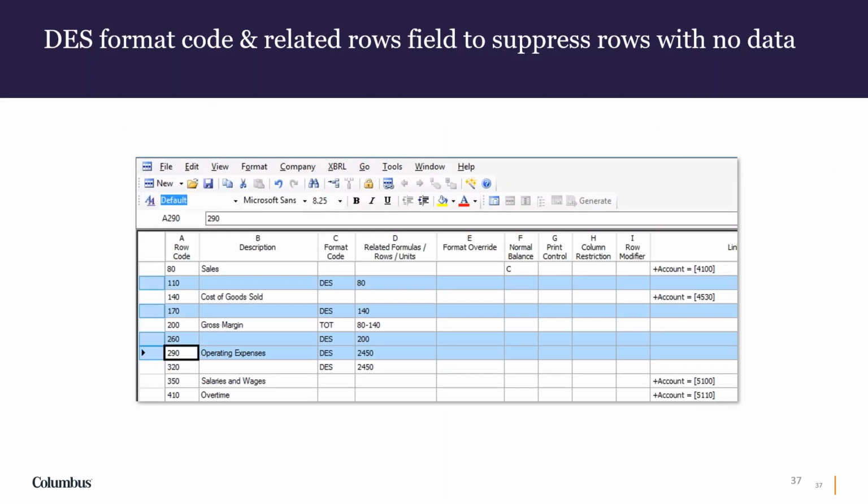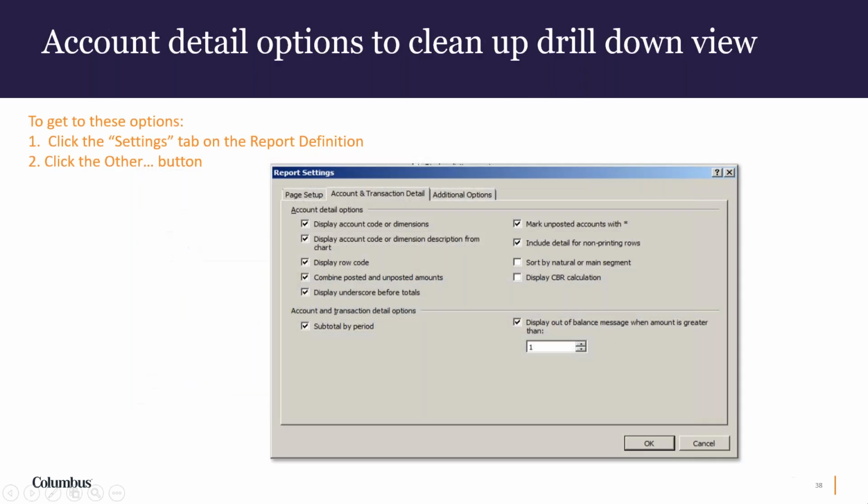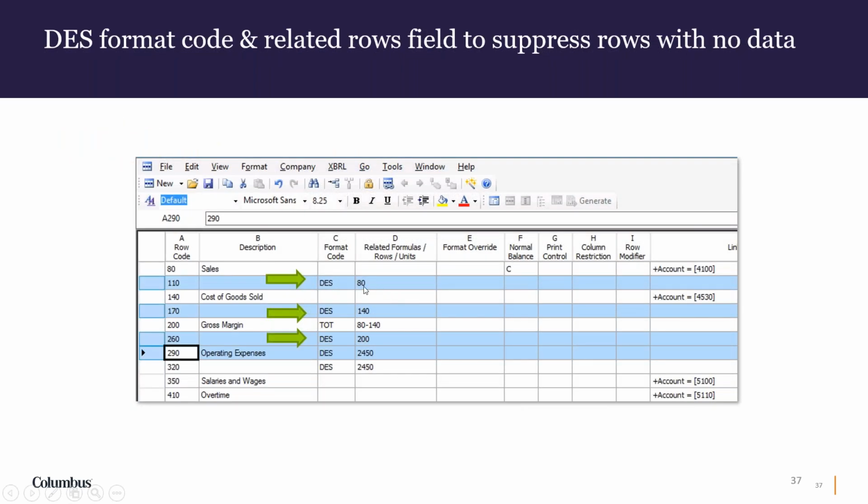All right, so the first one is using your format code, the DES line, and looking at what you're actually seeing. Oops, going back one. Here in column D, okay? So what you're doing, and you'll notice here this says related formulas, rows, and units.